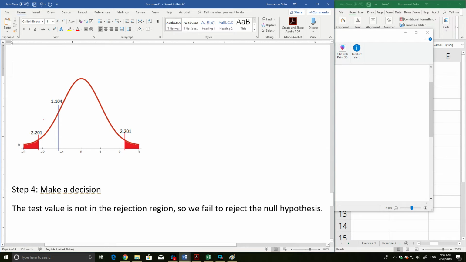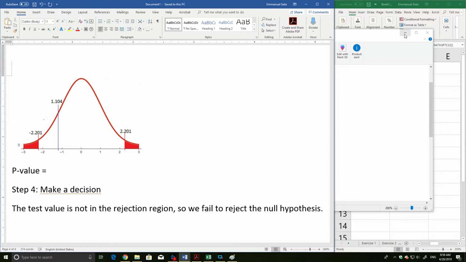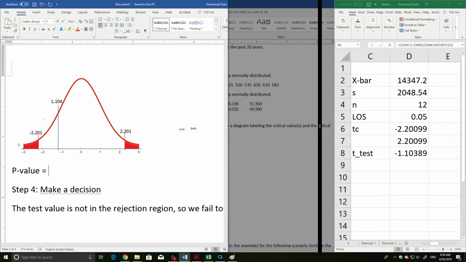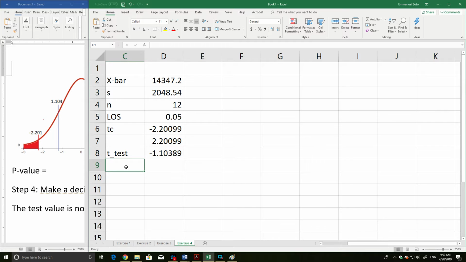Also, before we even get to step 4, I want to show you how to do the p-value, just in case they ask for a p-value. So to calculate the p-value, again, remember we want to do a t-test. So let's go ahead and do the p-value real quick. If you want to do p-value, we go to t.dist.